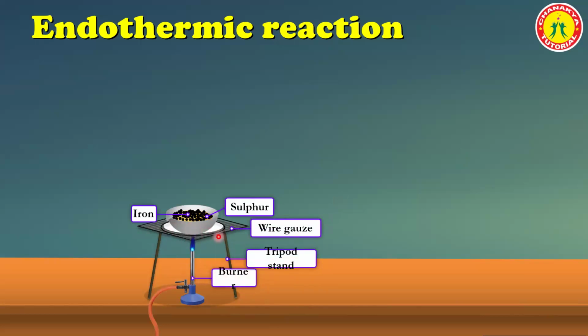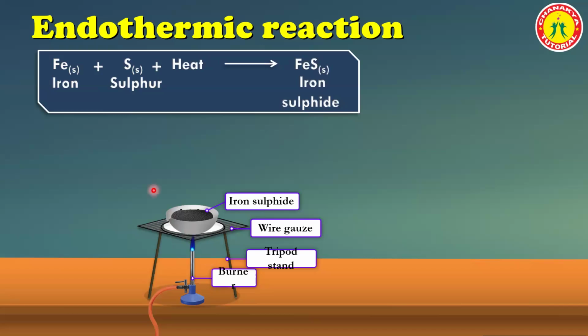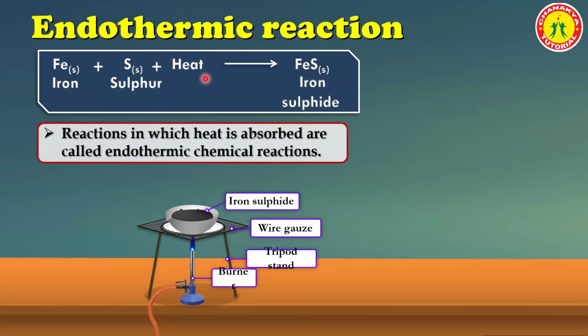We are using a burner, that is we are providing heat energy. It will change into the product iron sulfide. That is iron plus sulfur changing into iron sulfide, but we also added heat to the reactants. So this is an example of endothermic reaction. The reactions in which heat is absorbed are called endothermic chemical reactions.